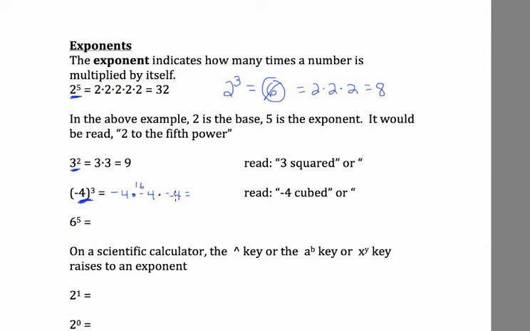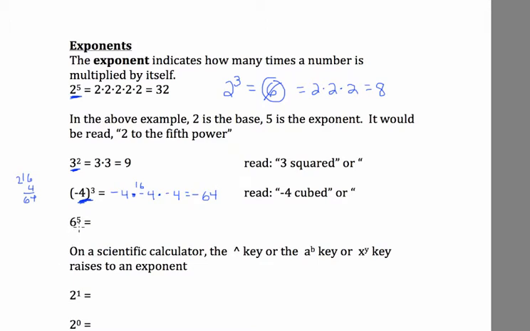And then positive 16 times -4 would be a negative 64.